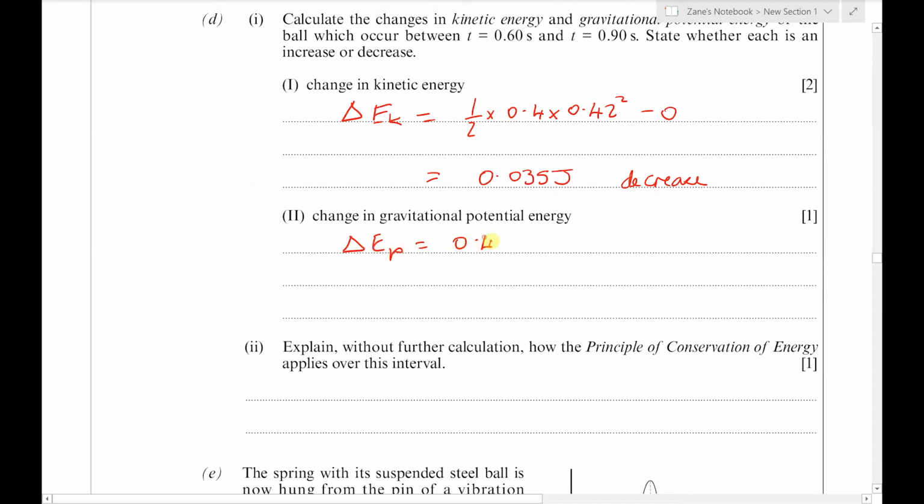So it's 0.4 for the mass, 9.81 for g, and delta h is 0.08 meters. And that one will give us an answer of 0.314 joules. And again, that's a decrease. So this object seems to have lost both kinetic and gravitational potential energy.